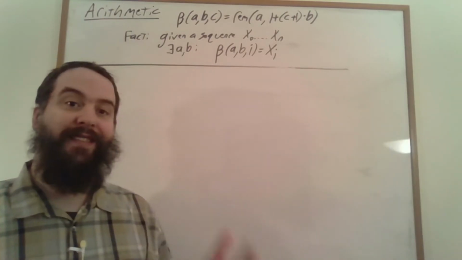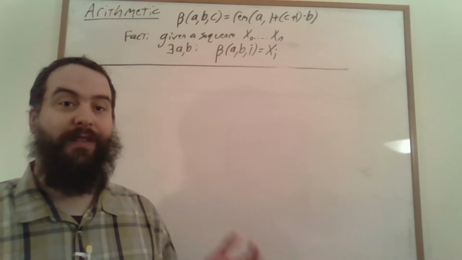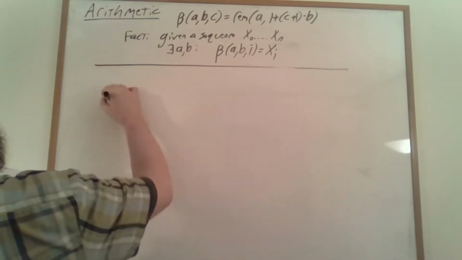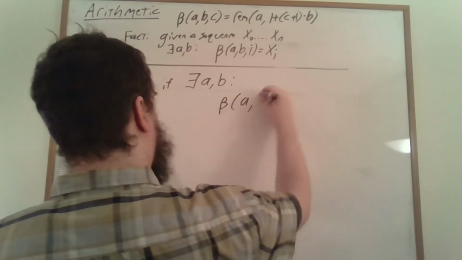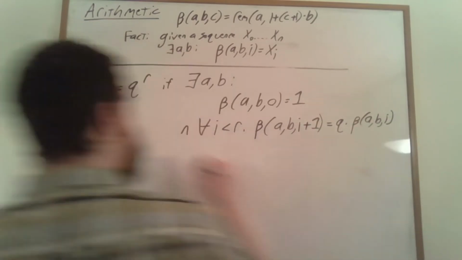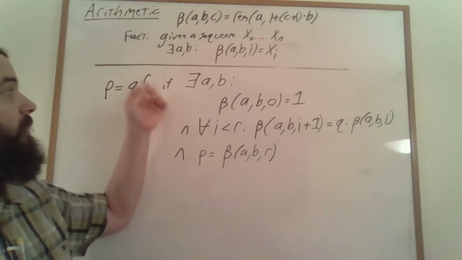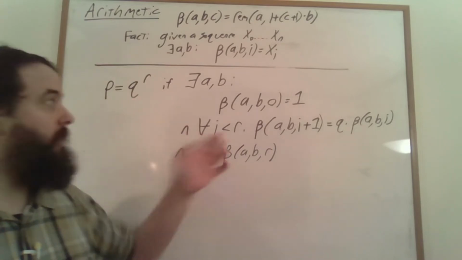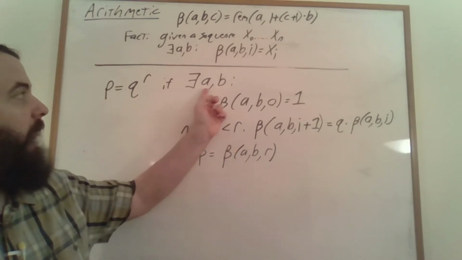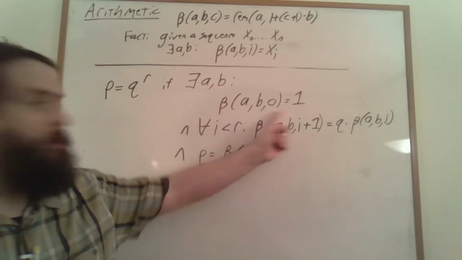Having access to this beta function allows us to express arbitrary recursion in our logic. So for instance, we can say that p is equal to q to the r if there's some sequence encoded by a and b such that the 0th element of that sequence is 1.